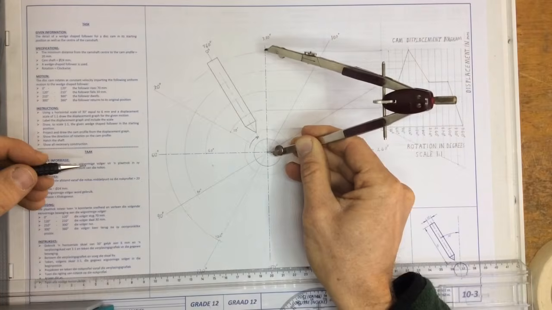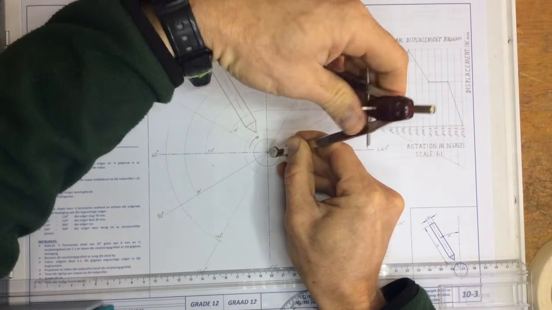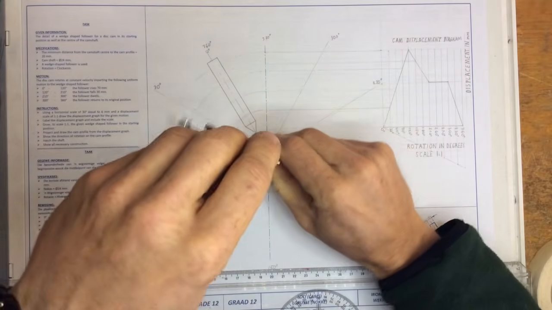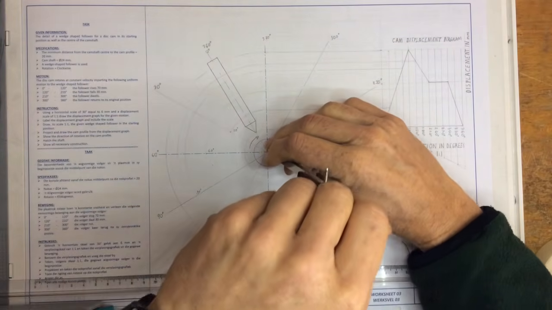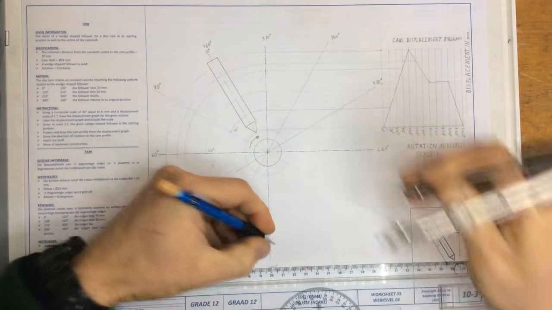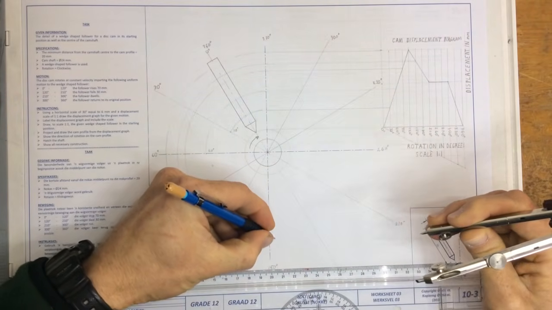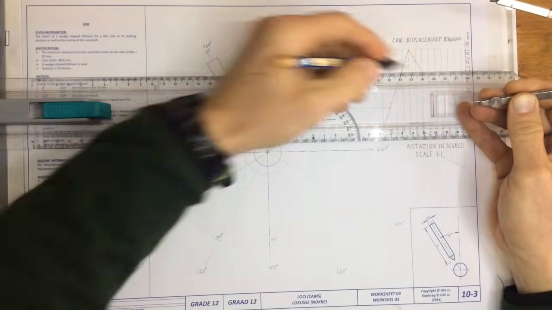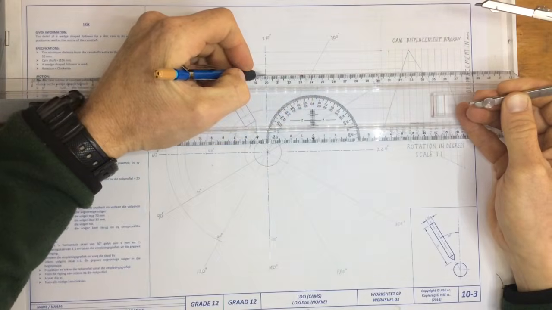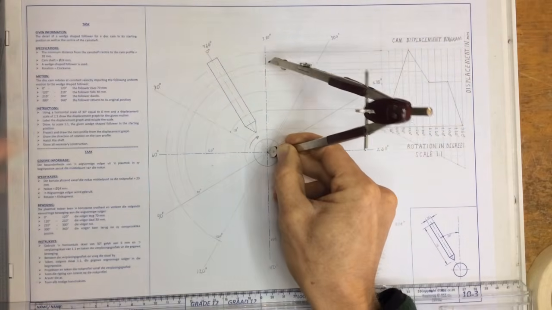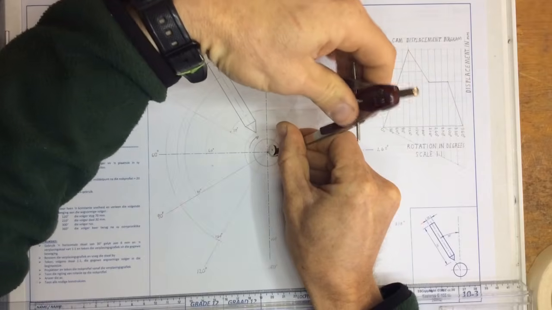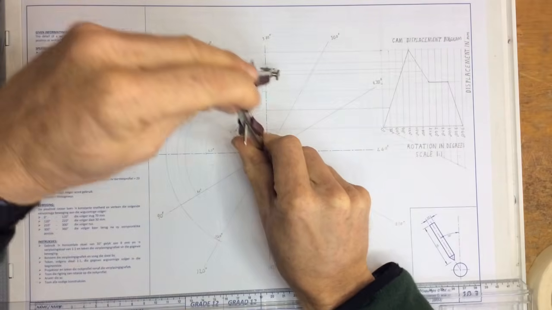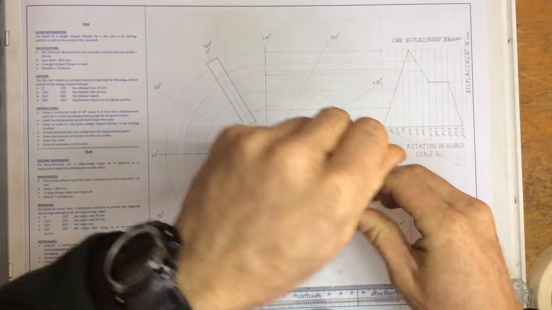I need to extend my pair of compasses back now. Take that around, all the way around to 150. Label it 150. Take a line across. Extend your pair of compasses back. It's coming from 180. Line all the way across. 180.